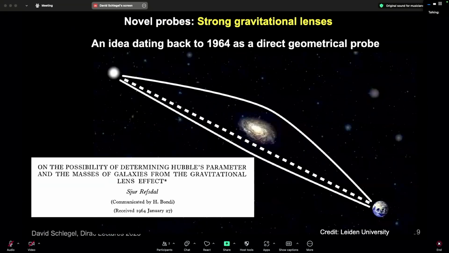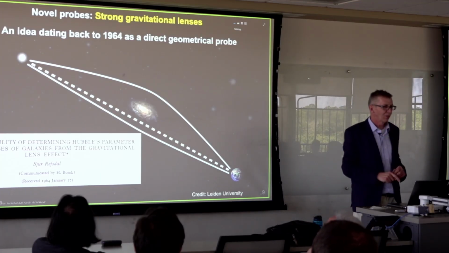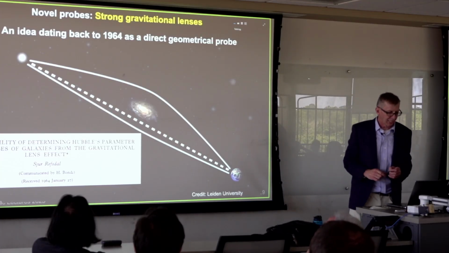Okay, strong gravitational lenses, another super cool effect. We've talked about gravitational lensing a little bit, but strong lenses are where you have a mass concentration great enough that we get multiple images of the same object in the sky.